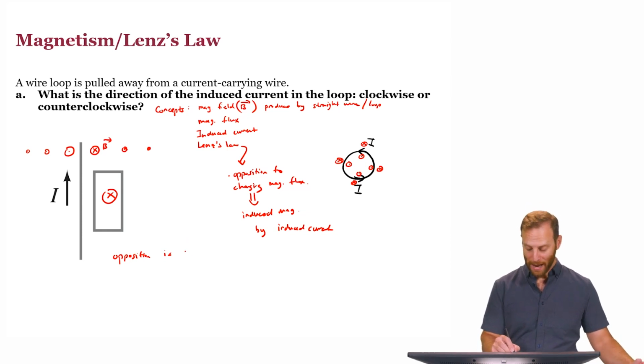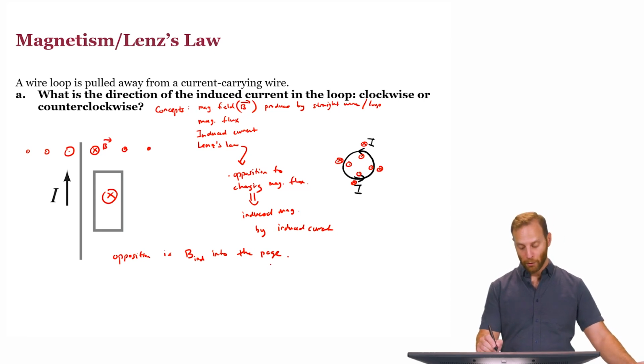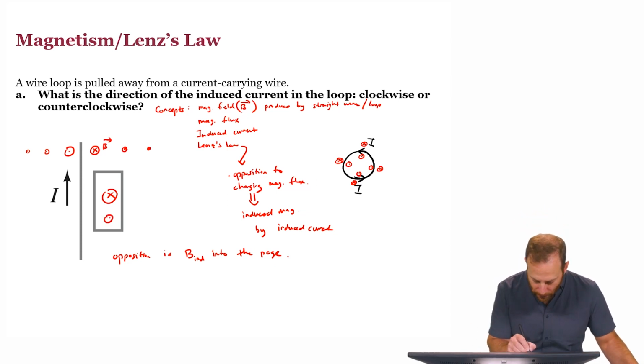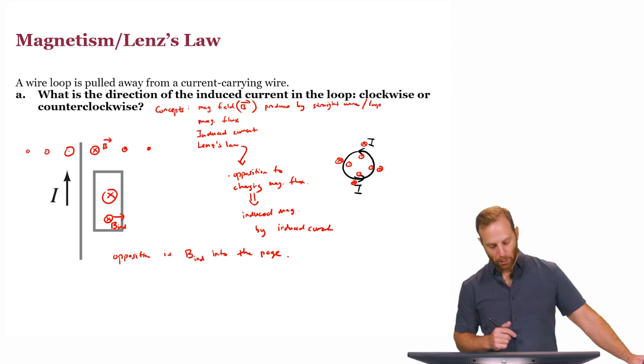In other words, it would be a magnetic field that is induced into the page. So Lenz's law would say, therefore, the induced current is the one that would give rise to that induced magnetic field. So let me draw that like this. This is the direction of the induced magnetic field as the loop is being pulled away.